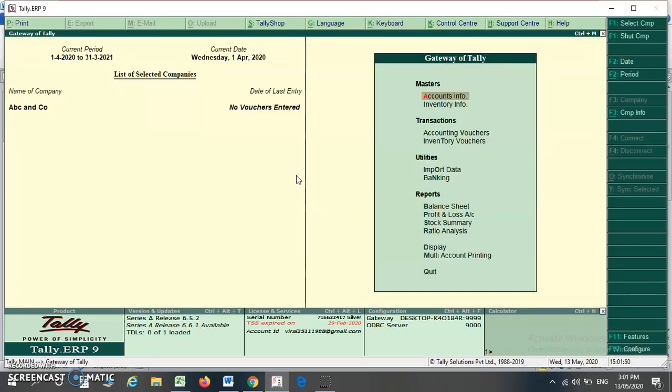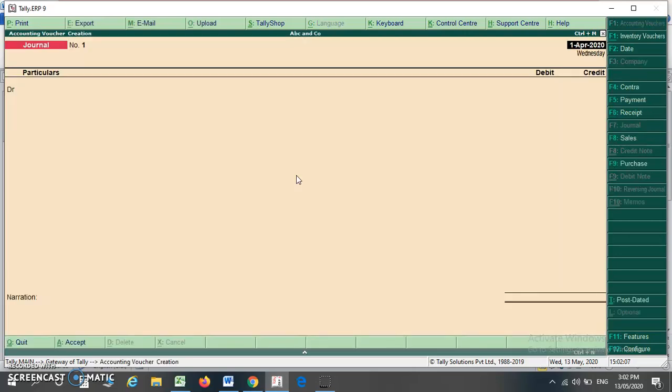Now let us discuss how to make the receipt entry in Tally. For the purpose of making a receipt entry, you have to go to the Gateway of Tally. Under Gateway of Tally, there is an option under the transaction tab called accounting voucher. Just select the accounting voucher. You can find the window for accounting voucher creation.